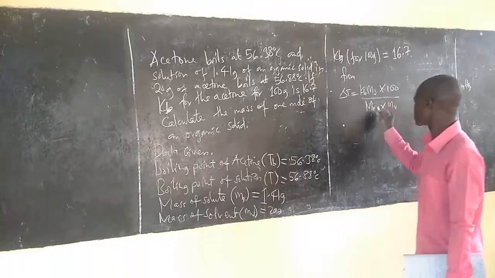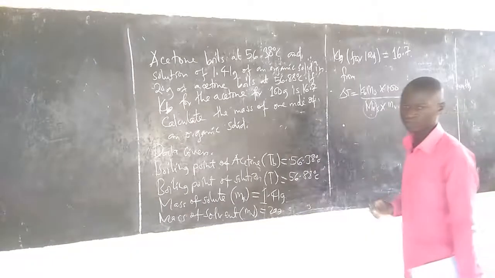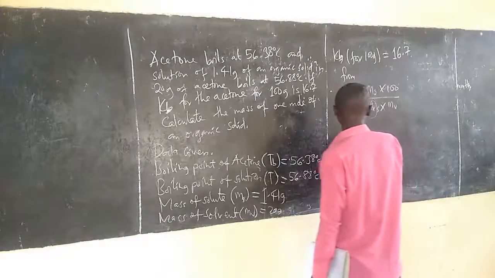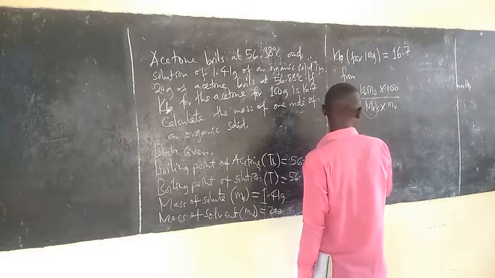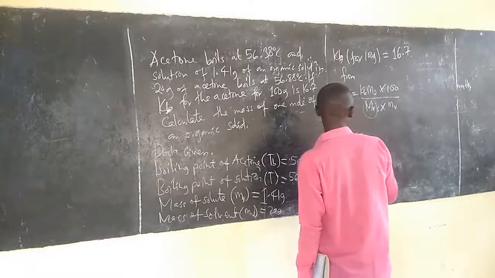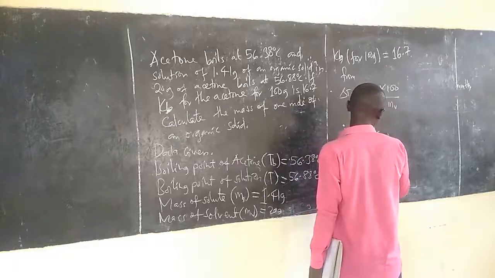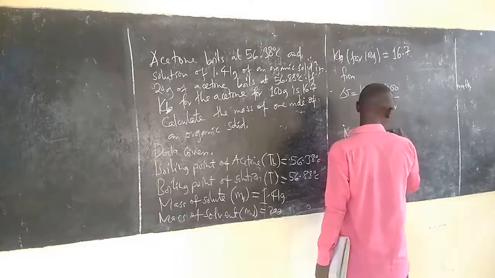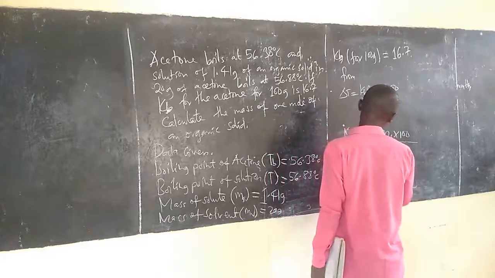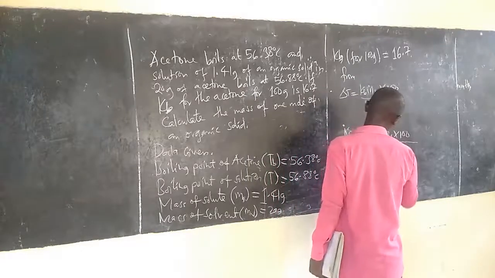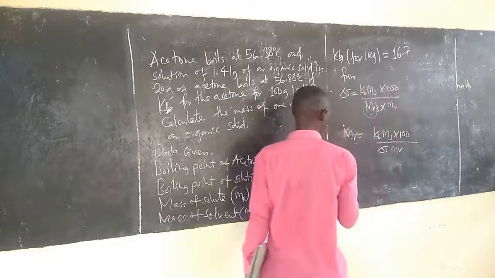So making the subject molar mass of solute from our formula, we'll get molar mass of solute is equal to Kb times mass of solute times 100 divided by change in T times mass of solvent.